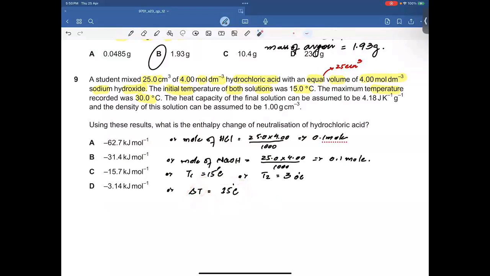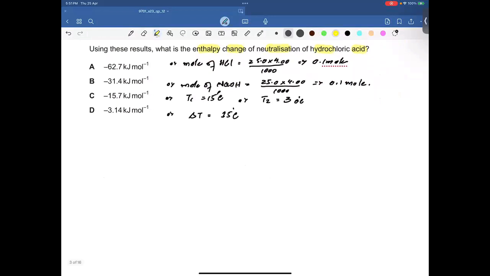Okay. Now in the next part of the question, the heat capacity of the final solution is this. So we have C. This is a specific heat capacity. Use this result. What is the enthalpy change of the neutralization of hydrochloric acid? That's easy. First of all, apply Q equals mC delta T. Oh, yes. One more thing.